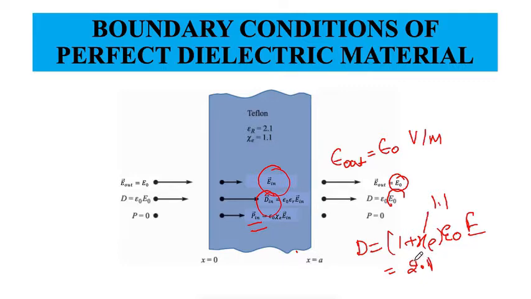So D will be 2.1 epsilon naught E, with the appropriate measurement unit.